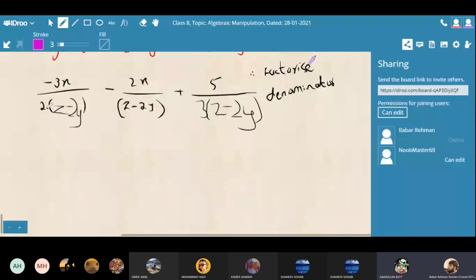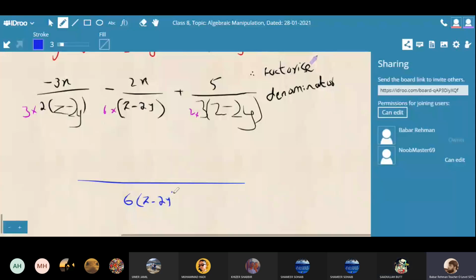This is two over here, one. Okay, I multiply by two, it will become six. This can be three multiplied by one, and this will be multiplied by six. Yes, sir. Students, what is the LCM now? Sir, 6 bracket z minus 2y.